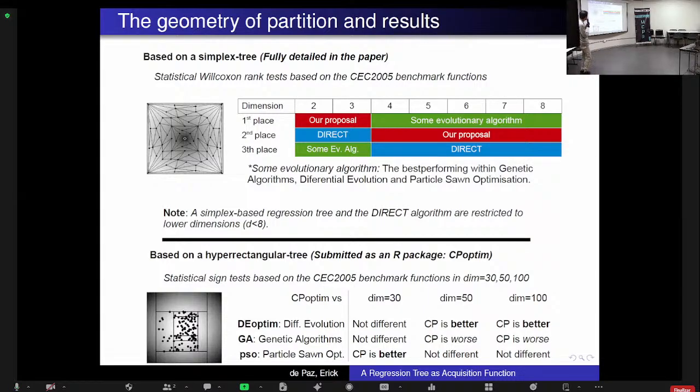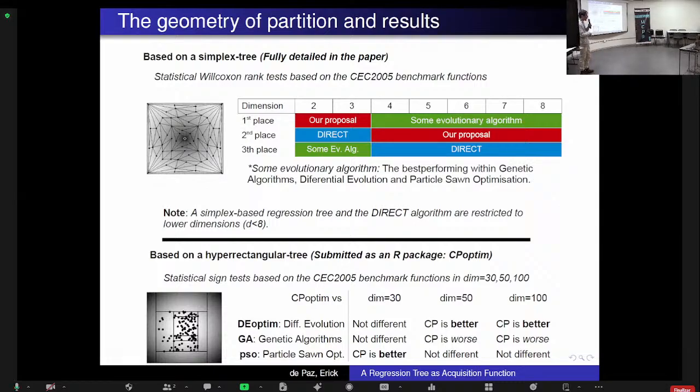This sort of regression tree based on a triangular partition is restricted to lower dimensions. In dimension 2, we can see triangles, but in higher dimensions they are called simplexes. And in higher dimensions it's getting quite complex and harder to work with this geometry.